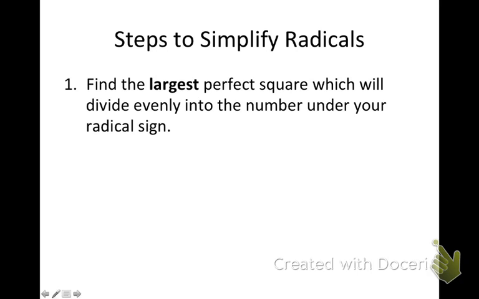Step 1, you're going to find the largest perfect square which will divide evenly into the number under your radical sign.